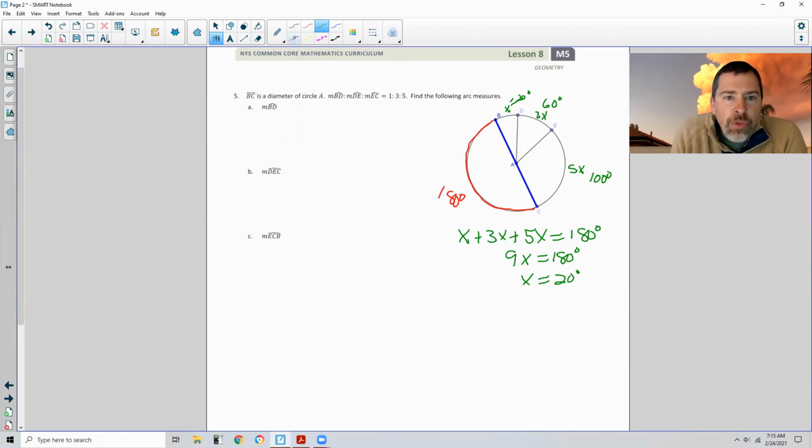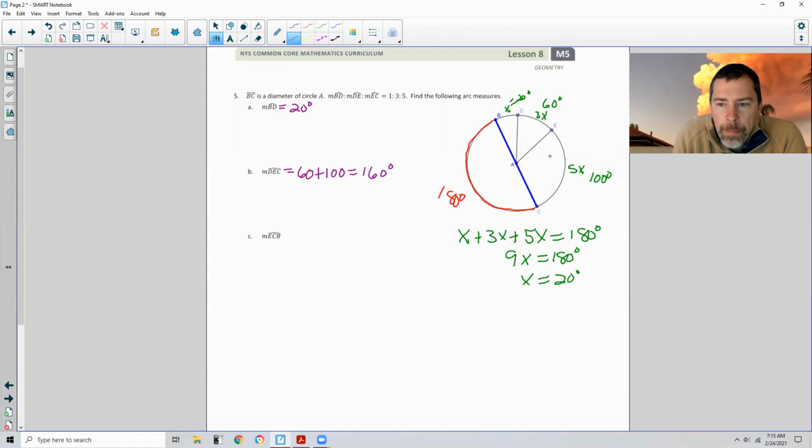So now I'm going to go over and look at what they're asking, and the measure of arc BD equals 20 degrees. The measure of arc DEC, so they're being a little tricky here. It's a major arc. Okay, DEC is 60 plus 100, which is 160 degrees. And then the measure of arc ECB.